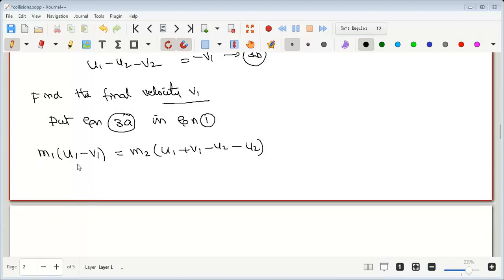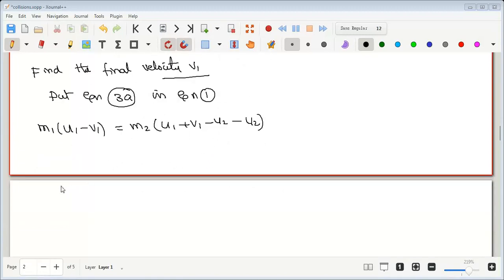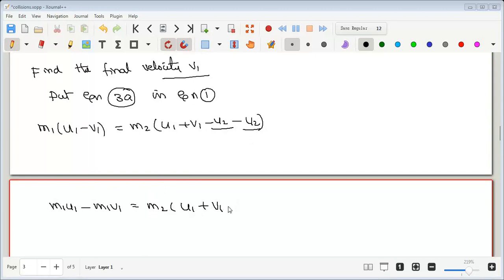Now simplify this expression: distribute m1, that is m1 u1 minus m1 v1 is equal to m2 into (u1 plus v1 minus 2u2).